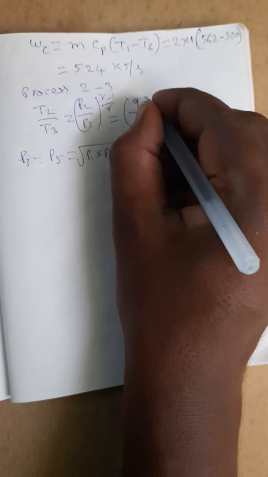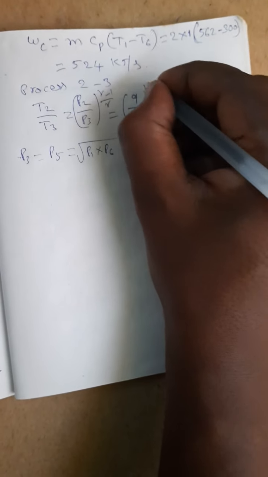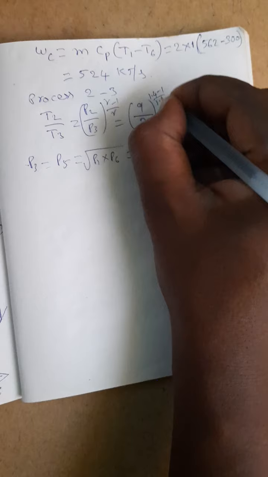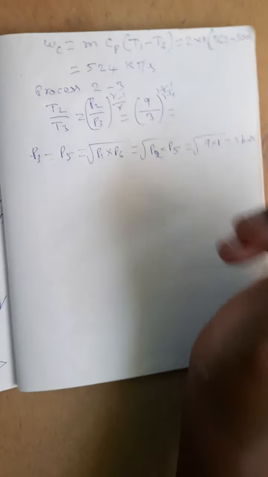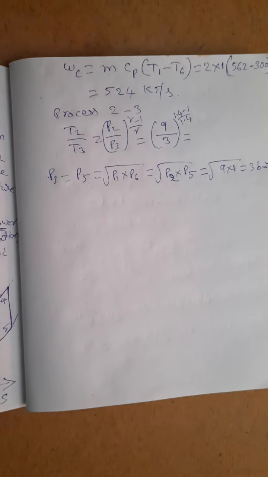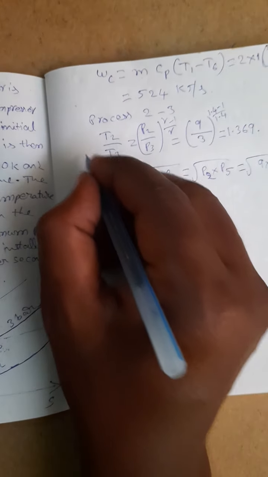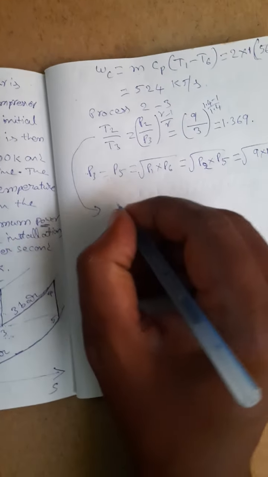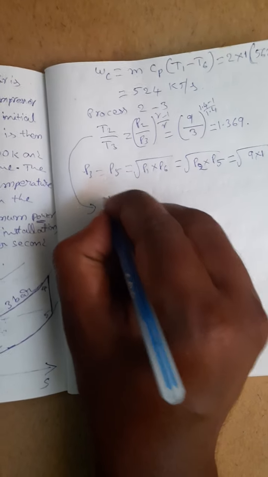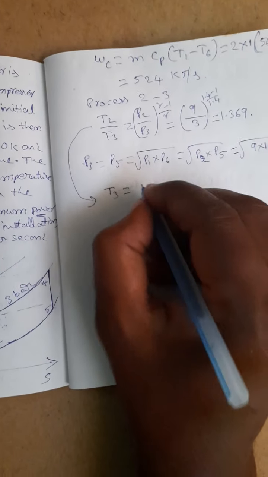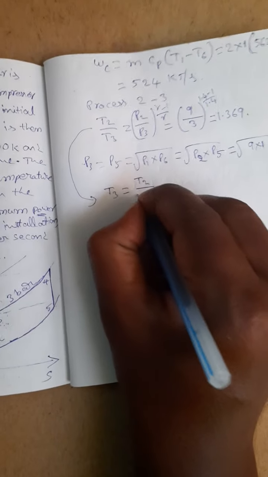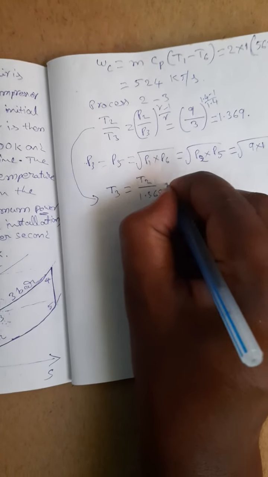Now, it is (9 by 3) power of (1.4 minus 1) by 1.4. After calculation, 1.369. So we required T3, so that is T2 by 1.369.